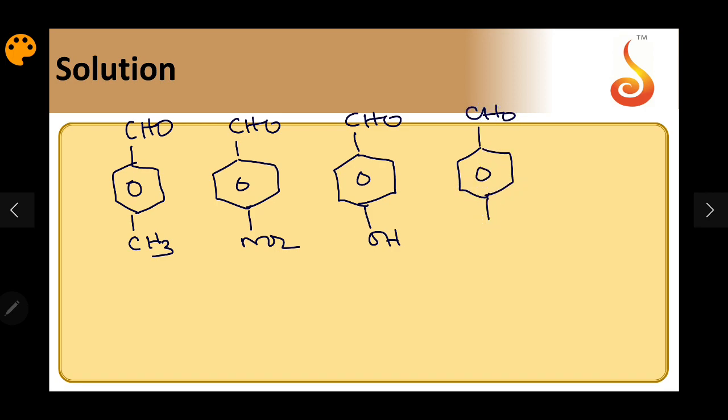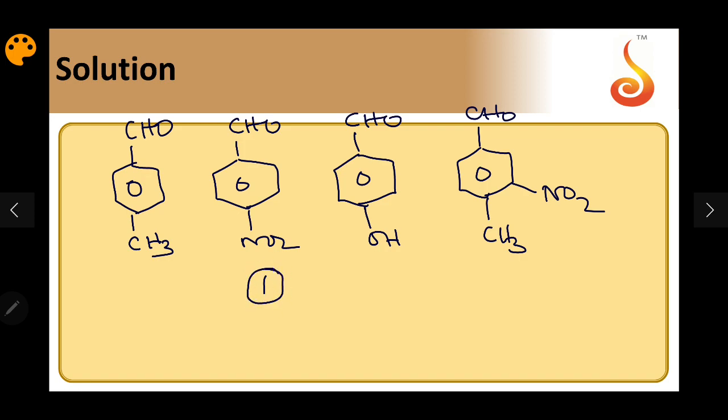One is CH3 and at meta we have a nitro group. So, the reactivity is going to increase if there are electron withdrawing groups, especially at ortho and para positions. Among these, the nitro group is a very strong electron withdrawing group at ortho and para. This is number 1 in terms of reactivity.